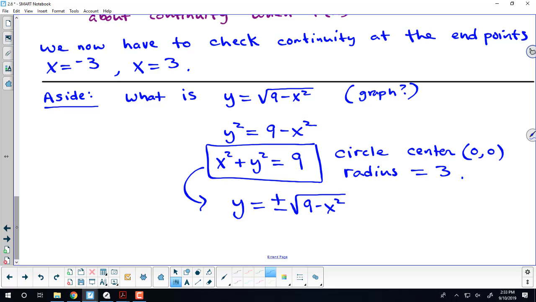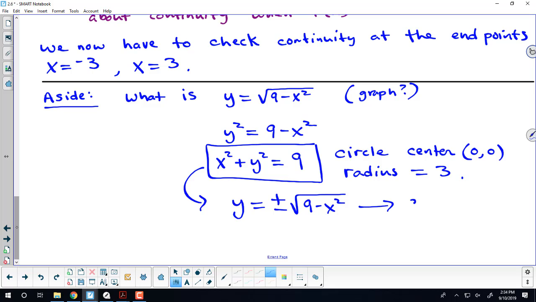That's our function. So y is positive, which gives the upper half of the circle, above the x-axis, going through 3 and minus 3.